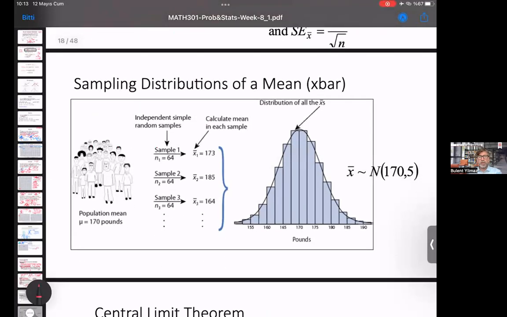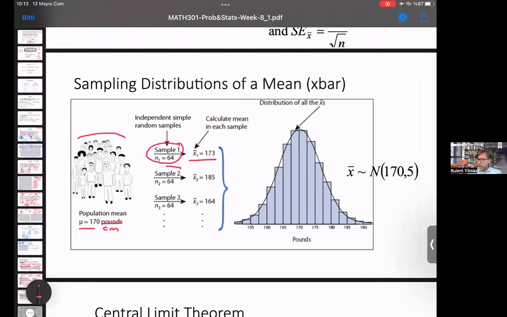Let me show it here. I have a population of people. This is their height, let's say, not pounds, but centimeters. The population mean for the height of people is 170 centimeters. I take a sample of 64 people, and I find the mean height is 173.